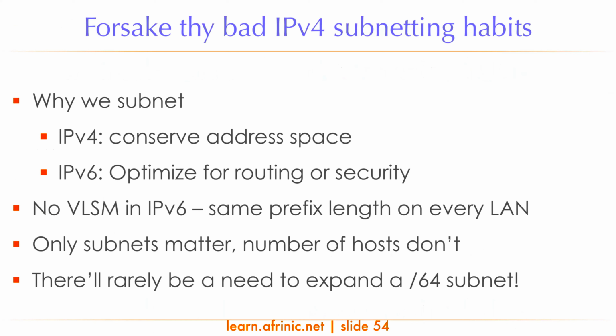So in IPv6, we don't subnet to conserve address space. Rather, we subnet to optimize for routing and security. And then, like I mentioned earlier on, we don't care about the number of hosts in our network. What we worry about is the number of subnets that we're going to get.